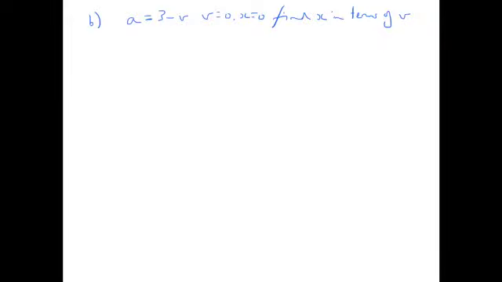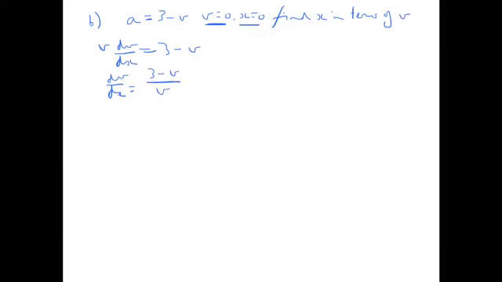We've got v is 0 and x is 0, so let's go with v dv/dx, which was one of our forms of acceleration, equals 3 minus v. I do that because I'm talking about x's and v's, so I don't need to have any t's anywhere in there. That means dv/dx is 3 minus v over v.